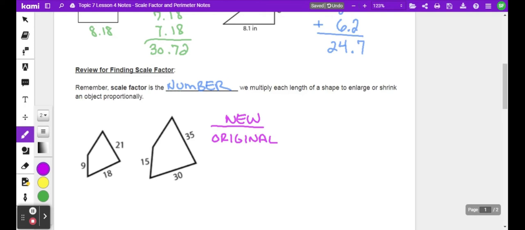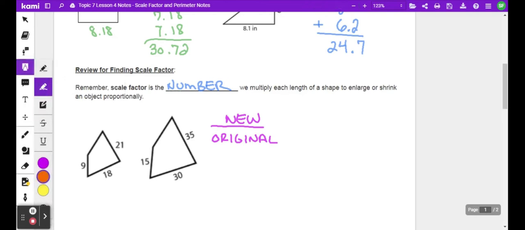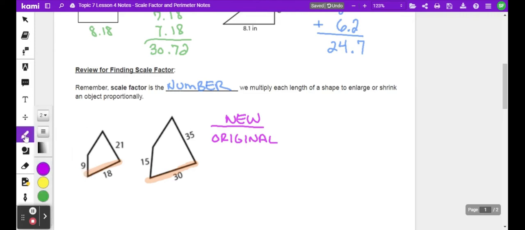For example, the corresponding edge that I'm going to use is the bottom edge. So the bottom edge of the new shape is 30, and the bottom edge of the original shape is 18. I can tell instantly just by looking at the picture that it's an enlargement, right? So I should be expecting a number more than 1.